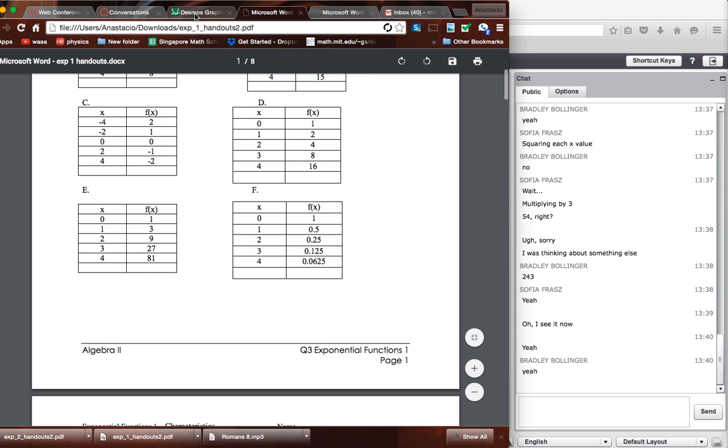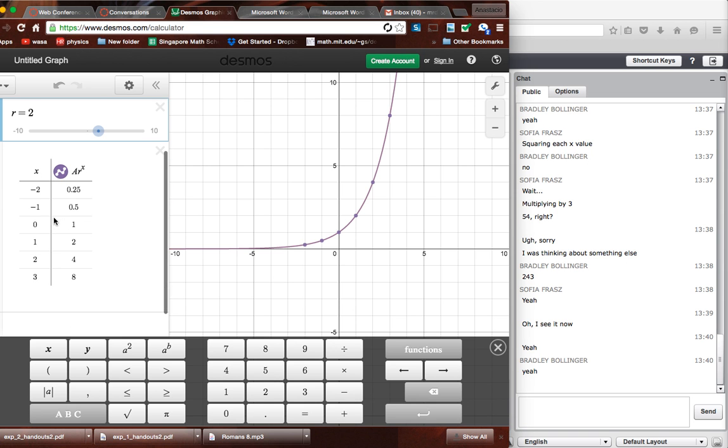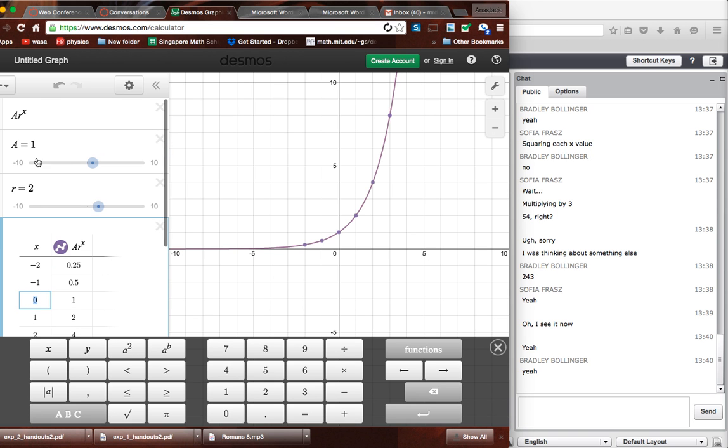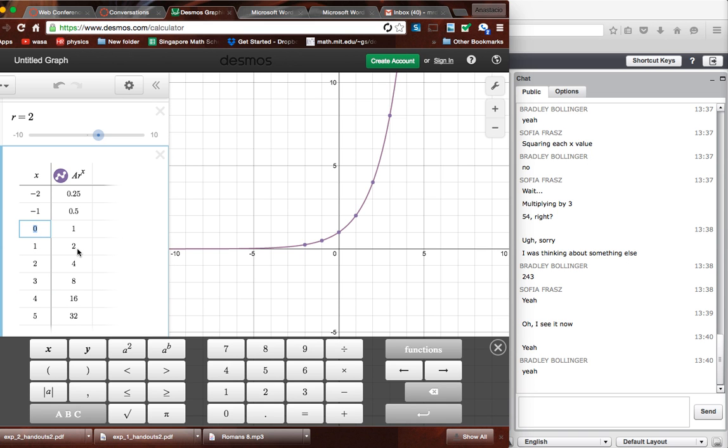So what we're doing here, watch, look at this. See this table right here? This is the exact same table that I had up before. And I graphed that by saying, okay, that's 2 to the x power. If x were 1, 2 to the 1st power is 2.